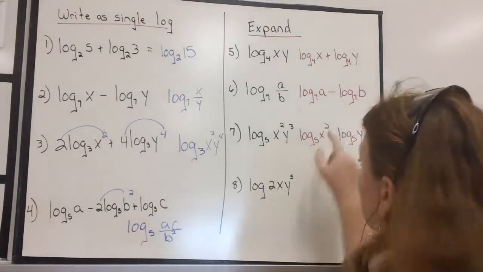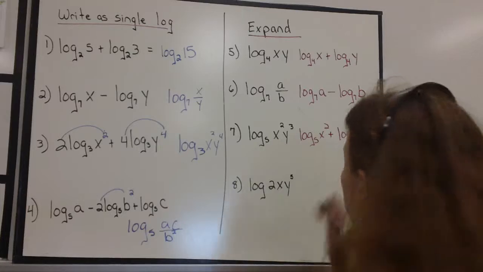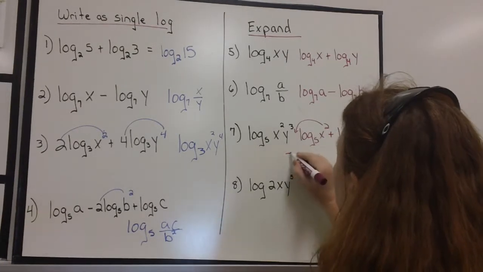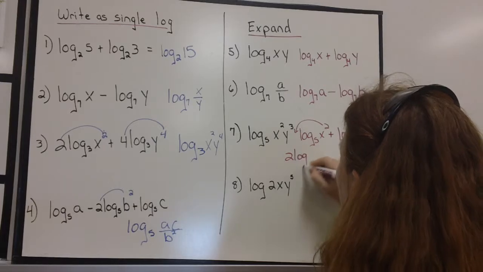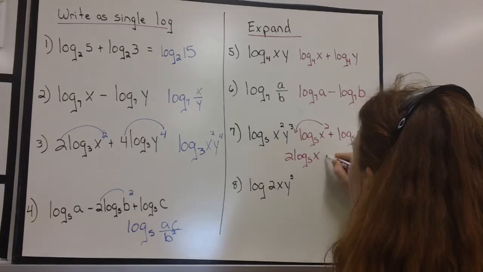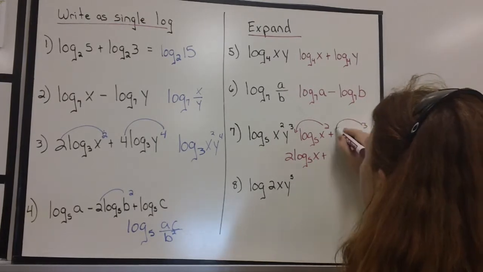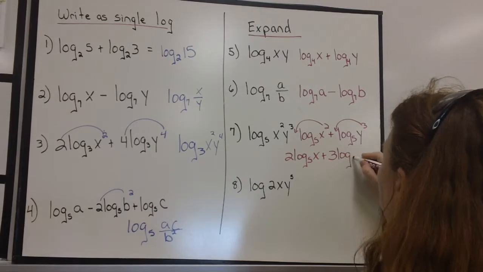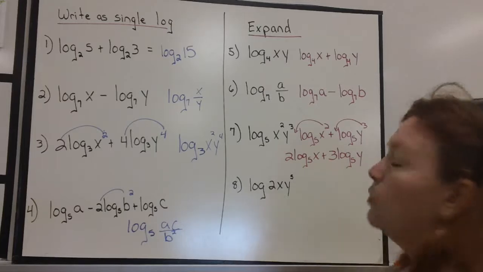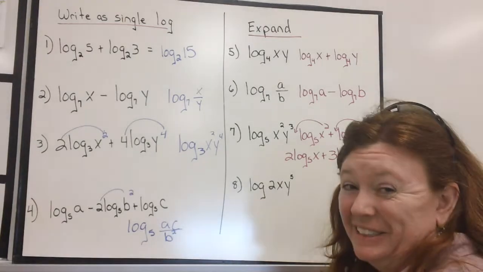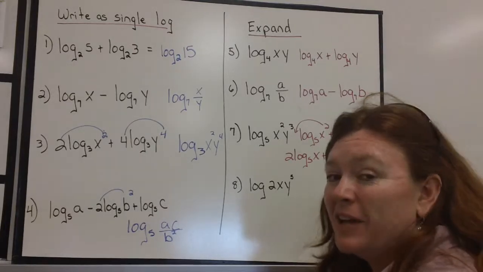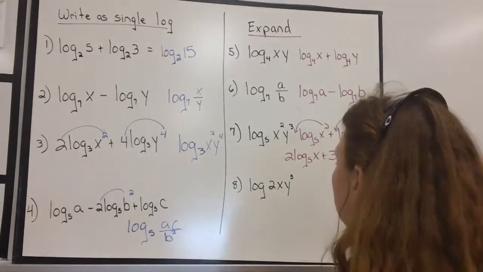So what do I do? I drop them down to the front. I bring this 2 down and make it 2 log base 5 of x. And this 3 has to come down, and it's a 3 log base 5 of y. There's my answer. I know, some of these are really weird. Once you practice and you get the hang of it, it'll make a lot of sense to you, I hope.